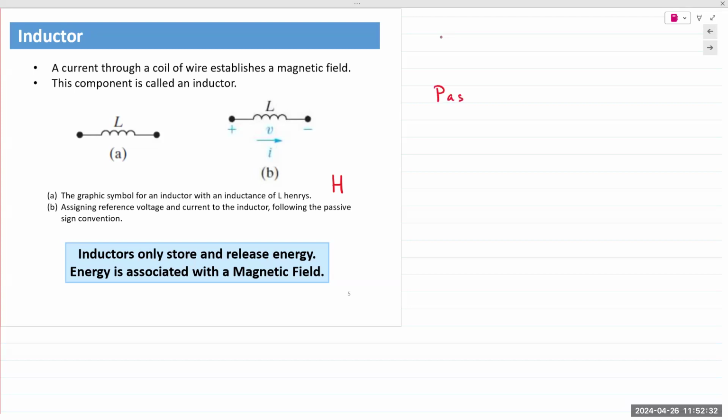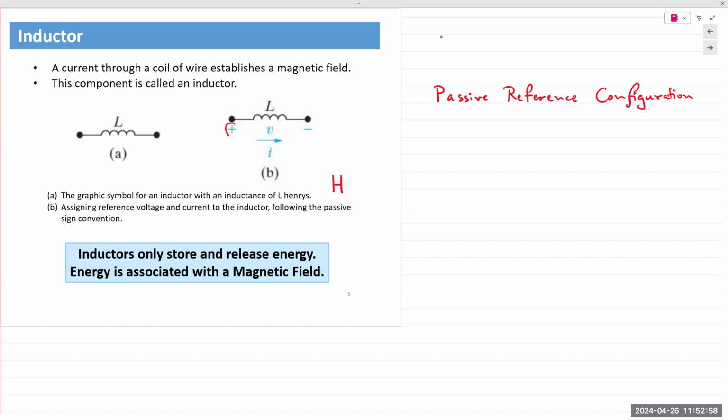It is a passive component, meaning it follows the passive reference configuration or the passive sign convention. Meaning if current flows in one direction, then the point of entry of the current is plus, point of exit is minus.